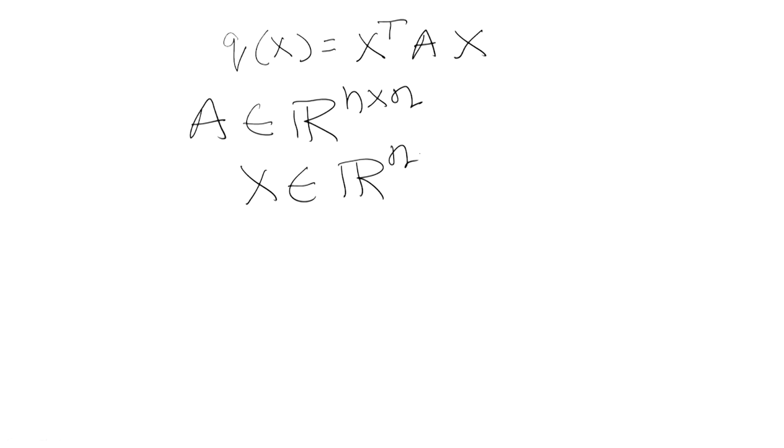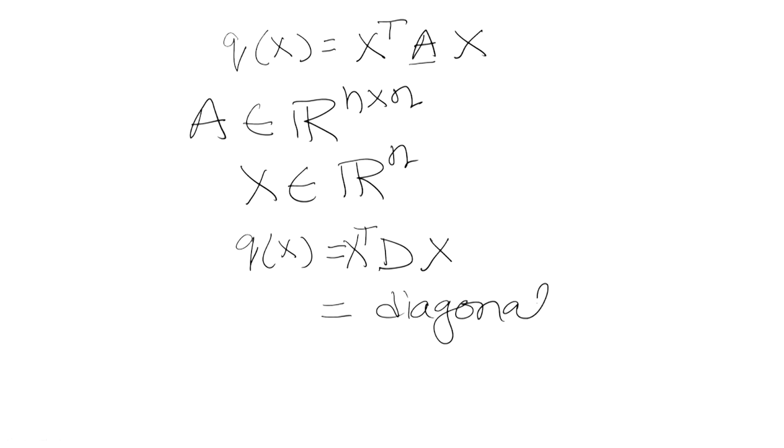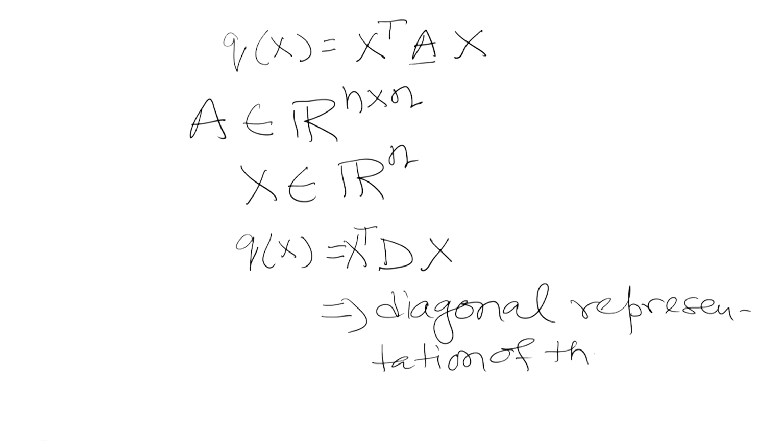Now, if this matrix A becomes D, where D means we have a diagonal representation of A, then the corresponding quadratic form, that is x transpose D x, is called the diagonal representation of the quadratic form.